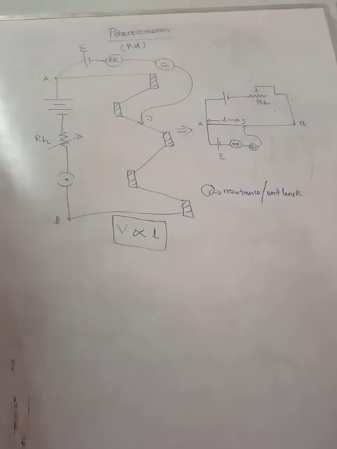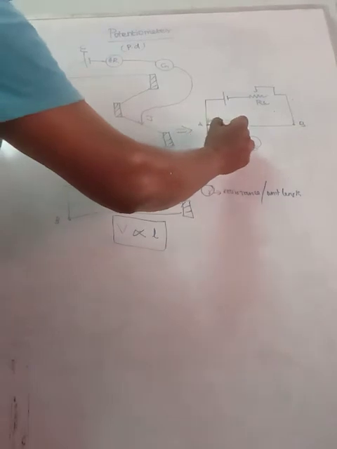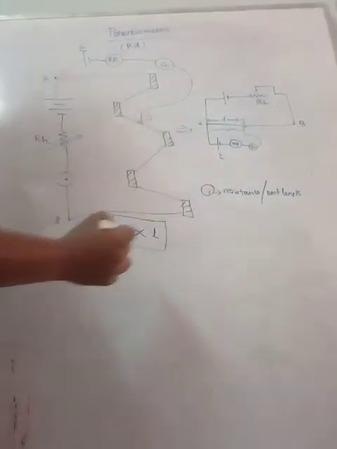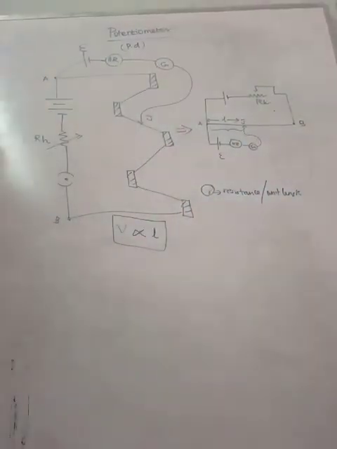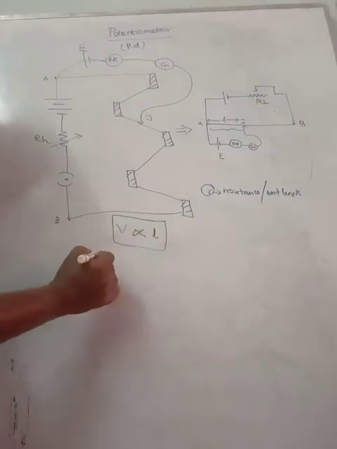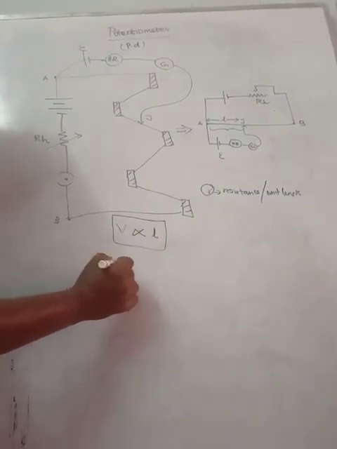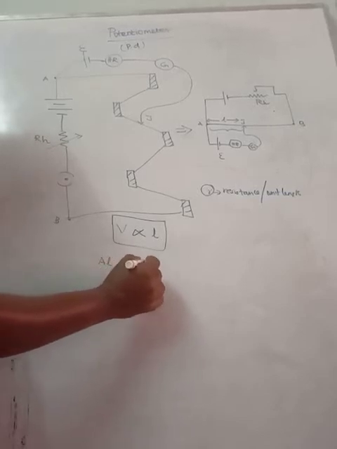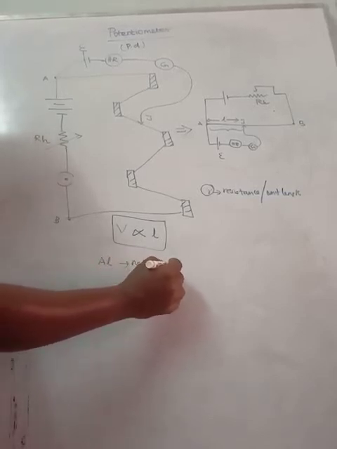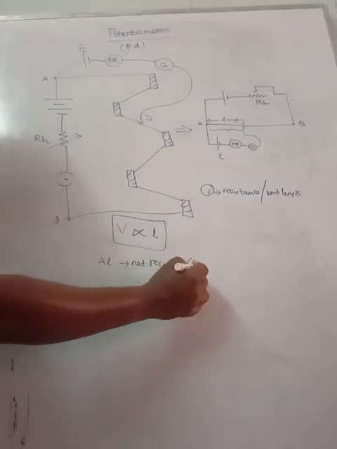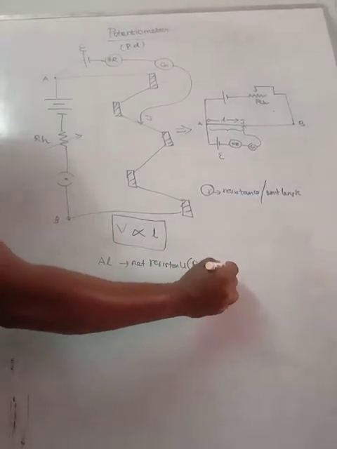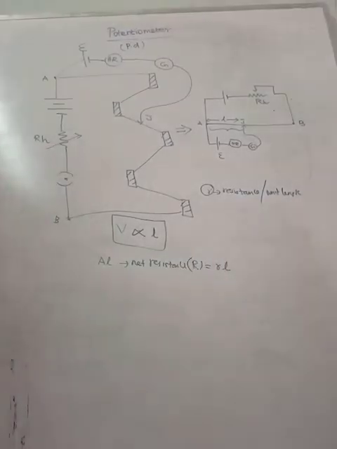So across this length AL, the net resistance R can be written as small r into length L.